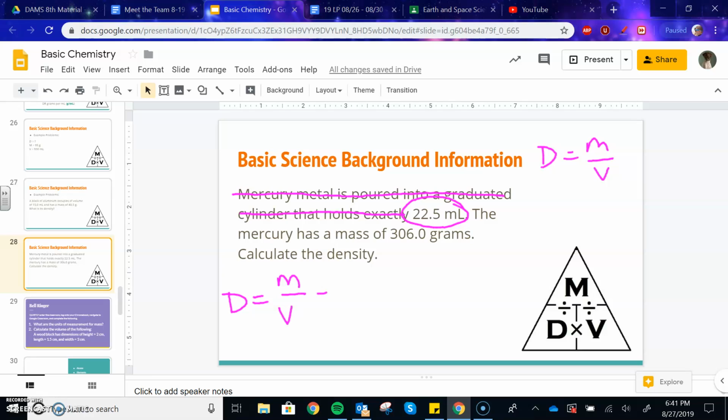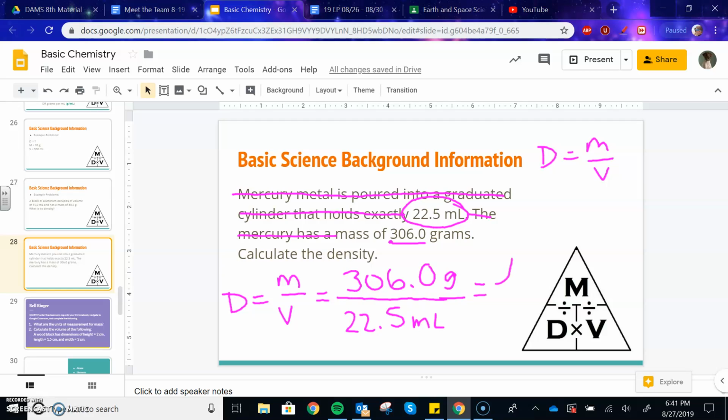Mass divided by volume. Volume's on the bottom, so we keep it on the bottom. 22.5 milliliters. The mercury has a mass of 306 grams. So we keep that mass right on top, 306 point, technically, 0 grams.